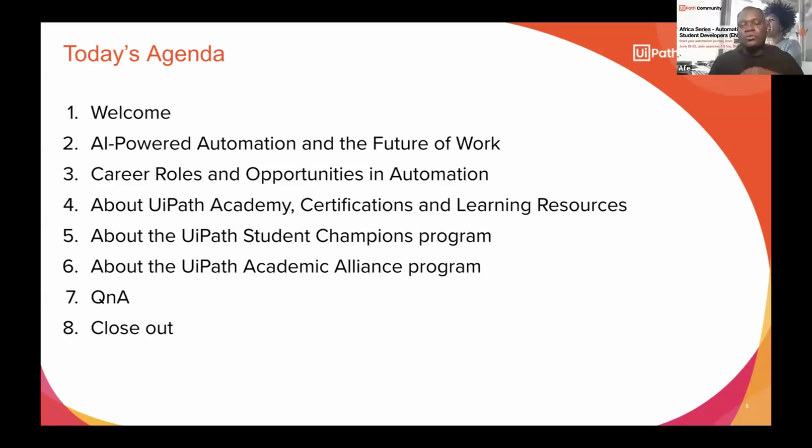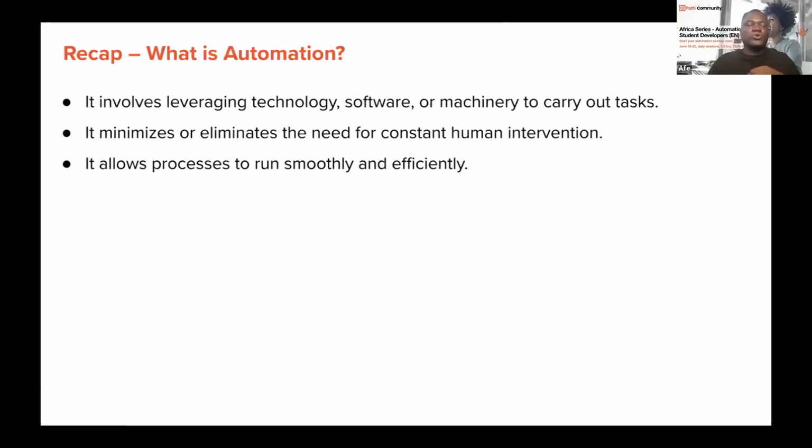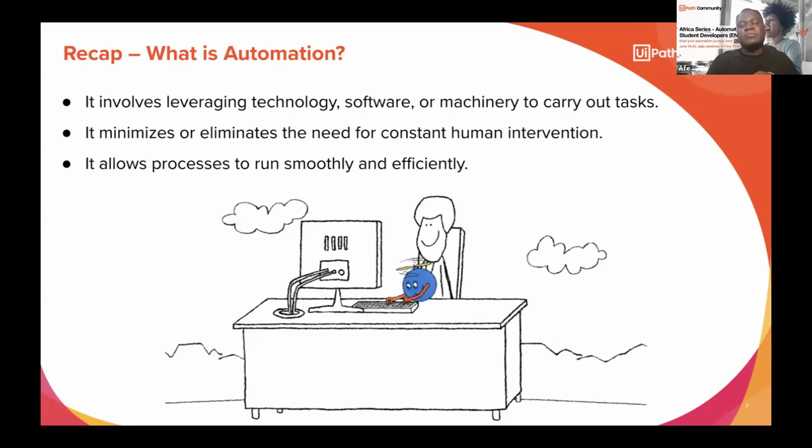Okay, so let's talk about the future of work and how AI-powered automation impacts or will influence the future of work. Now, let's just do a quick recap. Remember, when we started on day 1, we introduced the concept of automation, and we said we could parallel washing machines with the ability of automation to improve the quality of our lives.